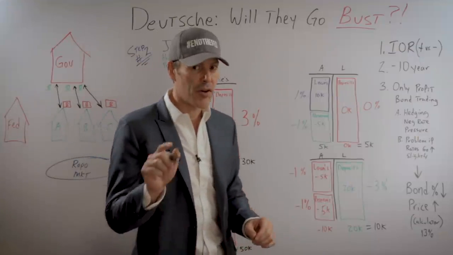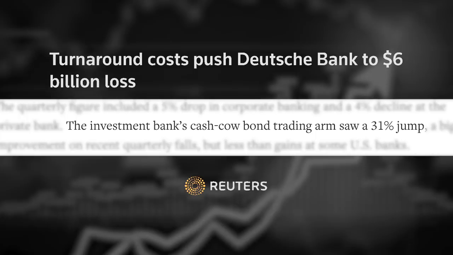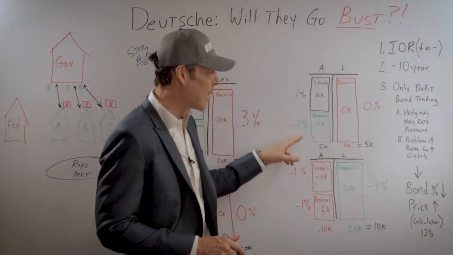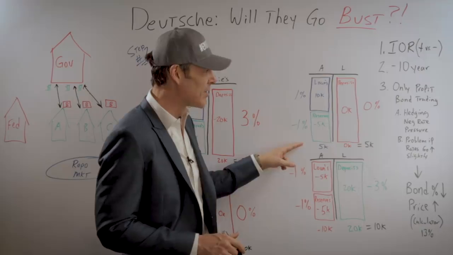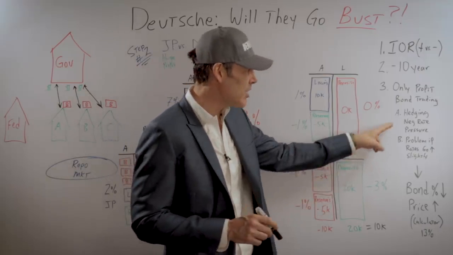Okay. Now let's go to this Reuters article that shows the main form of profit for Deutsche Bank was their bond trading. That's right. So let's think about this. If I'm Deutsche Bank and I know that I'm getting my butt handed to me by these negative interest rates, what am I going to do to hedge my bets?